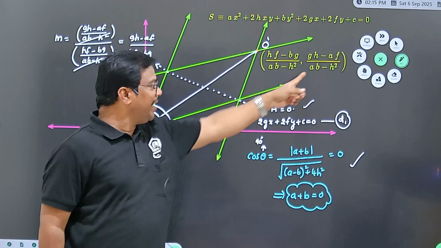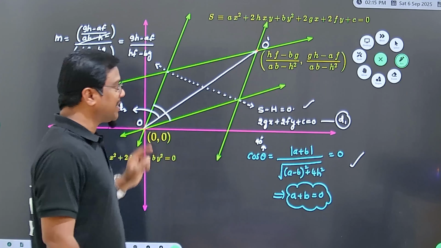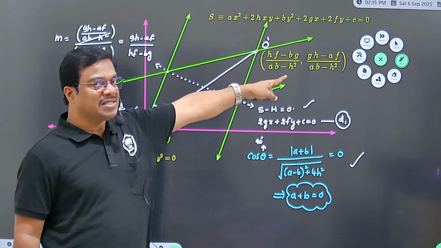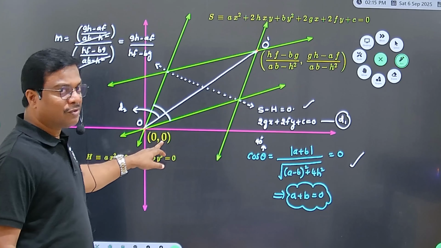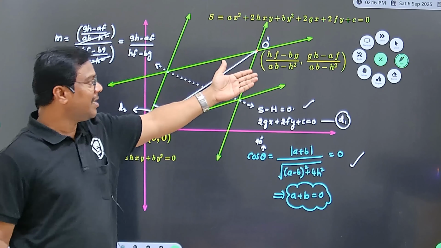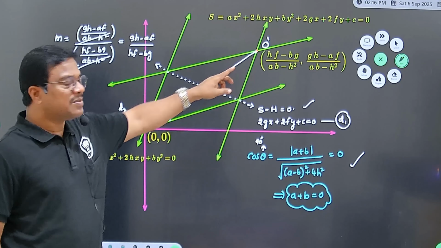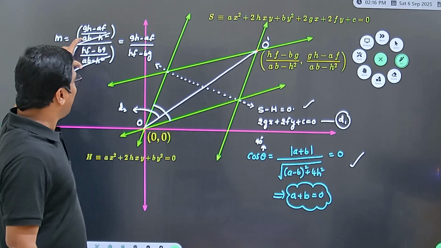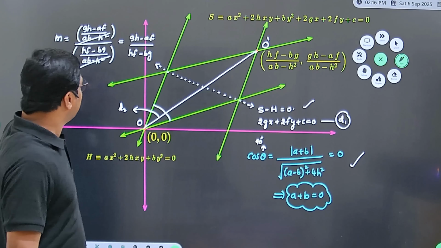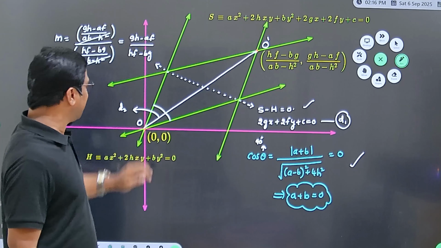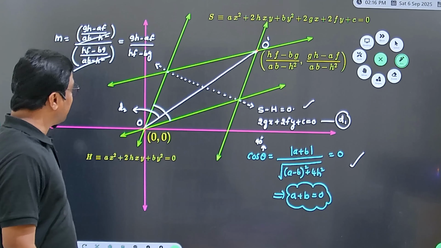Applying the formula (y2 minus y1) by (x2 minus x1), what do we get? (gh minus af)/(ab minus h square), from that you remove 0, so we get the same. In the denominator part, this one minus 0, the same abscissa you will get here. Both have the same denominator ab minus h square, they get cancelled, and we get slope (gh minus af) by (hf minus bg).